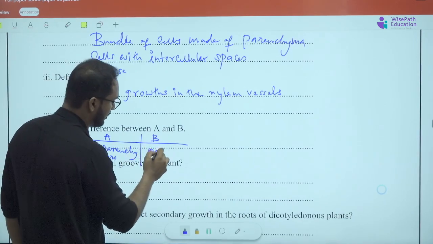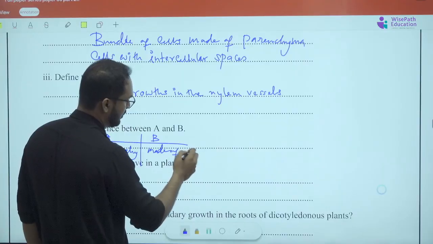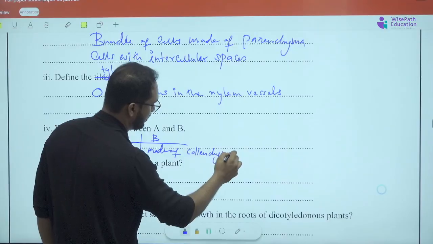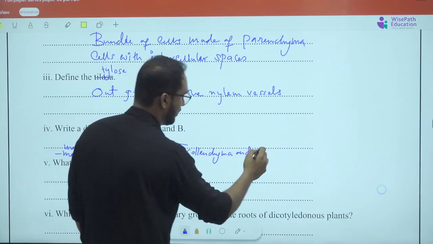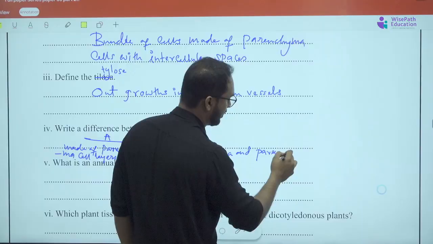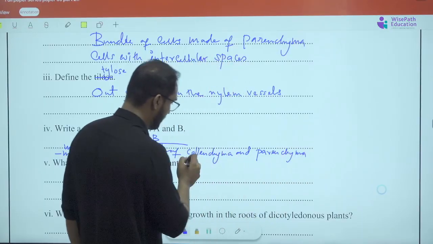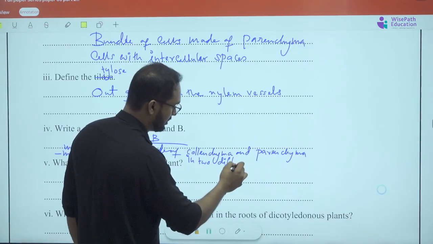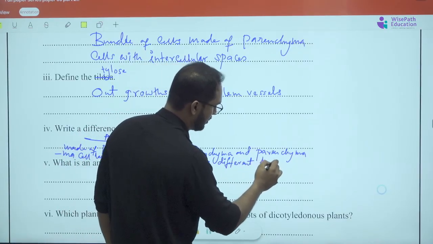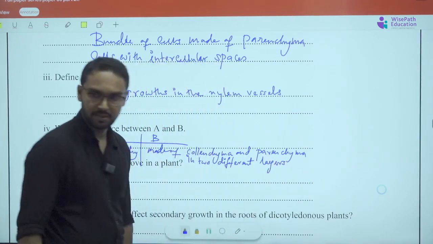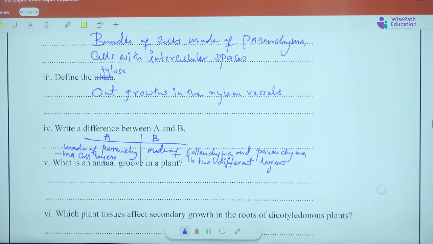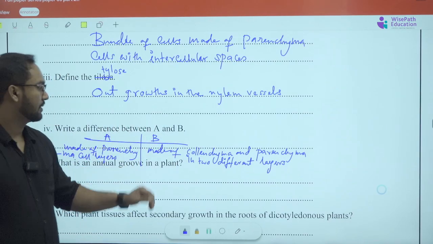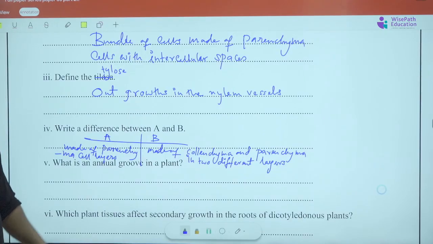B, the cortex, made of collenchyma and parenchyma in two different layers. Yes, in two different layers, made of parenchyma cell layers. A the pith, the cortex made of collenchyma and parenchyma in two different layers.